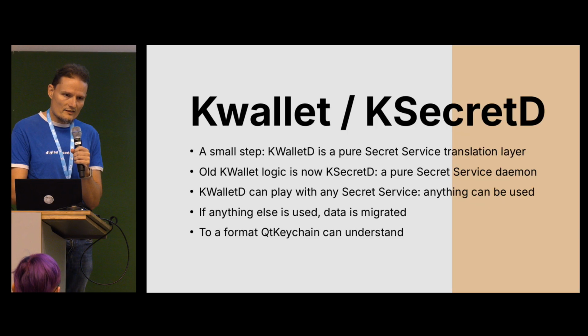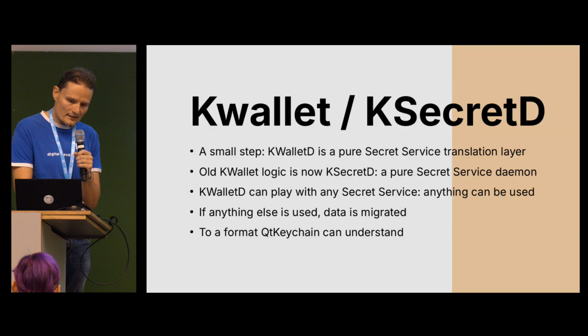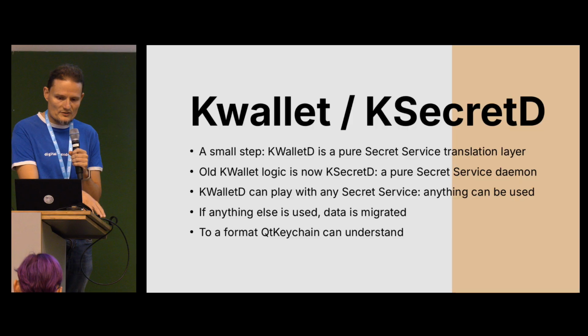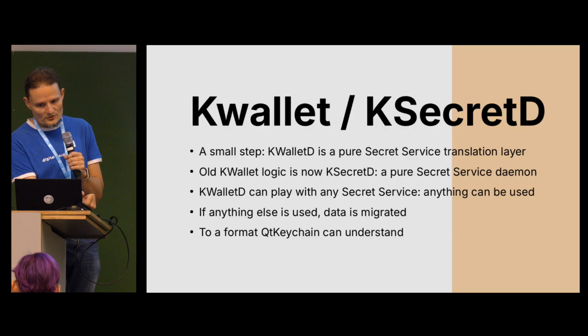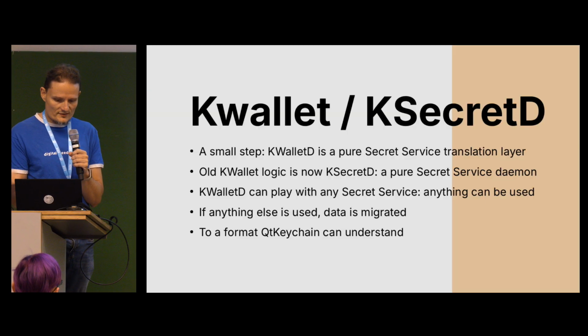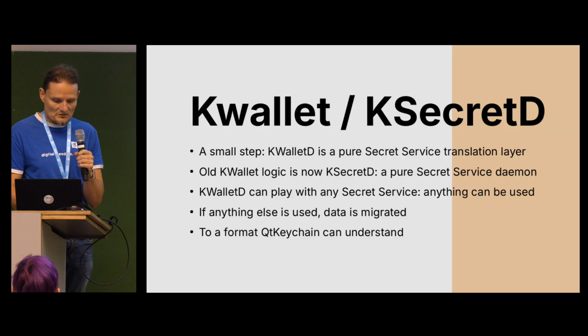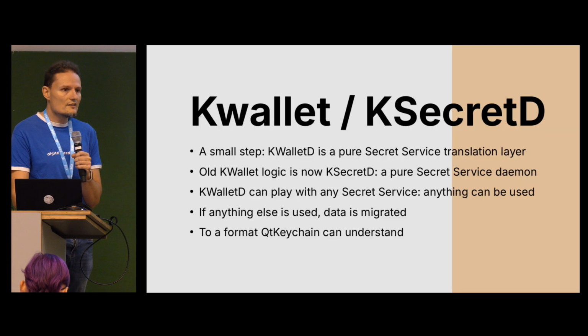But everything that still uses the K-Wallet API, which is the part that we are actually sure we want to retire, like KIO, Network Manager and a few other things in KDE, will talk to K-Wallet, which will translate and talk to the new Secret Service provider. So transparently, ideally the user shouldn't notice.